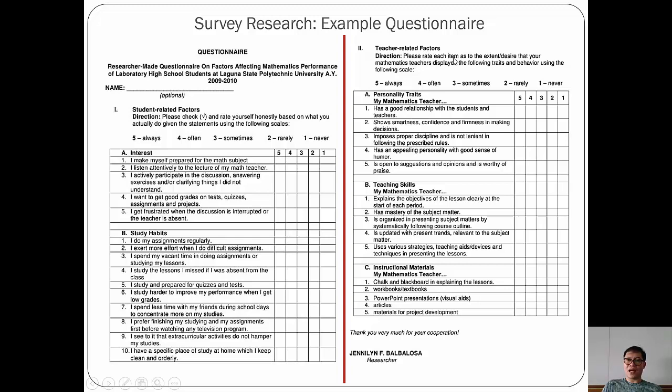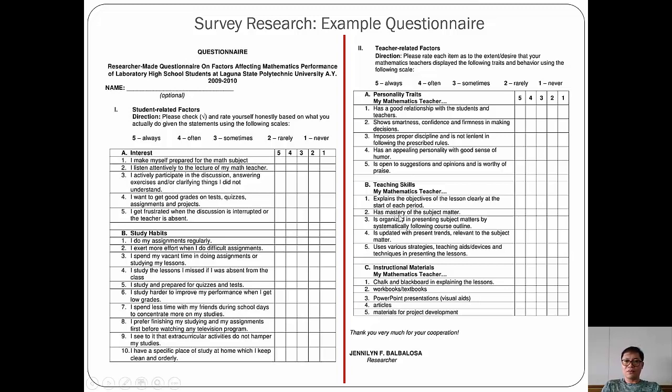Direction: please rate each item as to the extent that your mathematics teacher displays the following traits and behavior. Sorry, the students will answer both parts 1 and 2. This one is the student-related side, and this one is more on the teacher-related side, about the teacher. Number 1 is about the student.